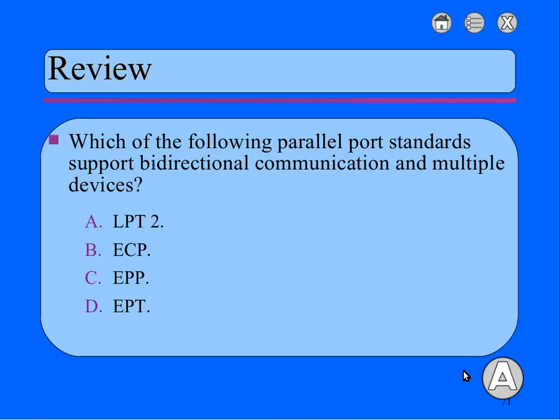Which of the following parallel port standards supports bidirectional communication and multiple devices? LPT2, ECP, EPP, or EPT? Well, the answer to that one is ECP, because ECP was the one that provided both directions of data. It could send and receive data, and it would provide multiple devices. You could have more than one device connected to it. It's not actually that popular.